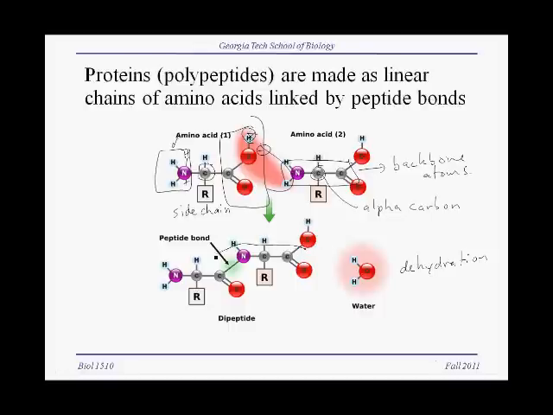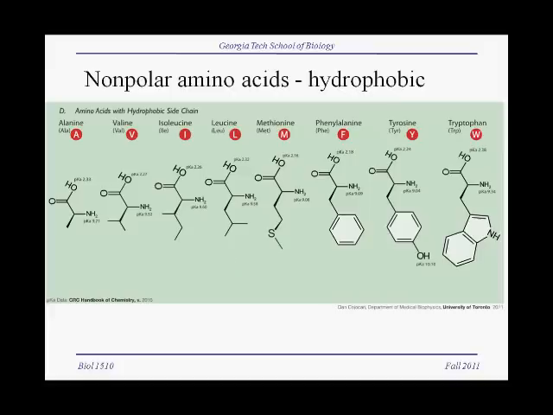So a polypeptide chain has a backbone, so-called, that consists of these backbone atoms. So that's our peptide backbone. And then each of these amino acids has its own side group hanging off the side. So here are the amino acids with different side groups.